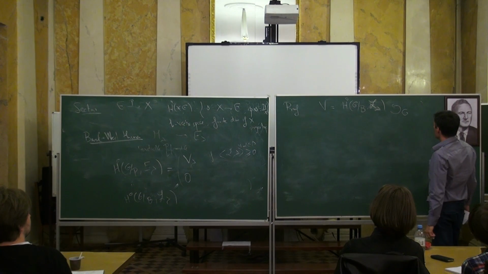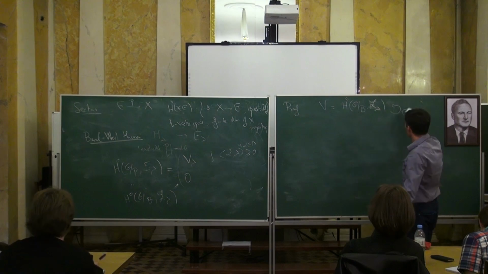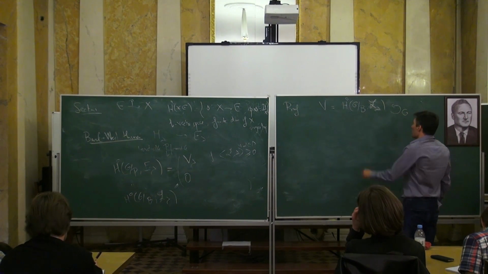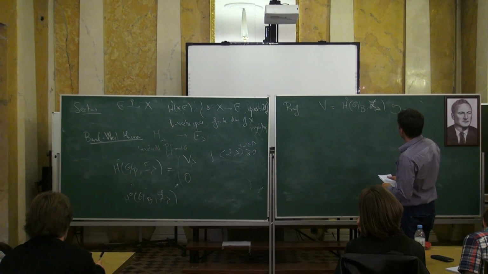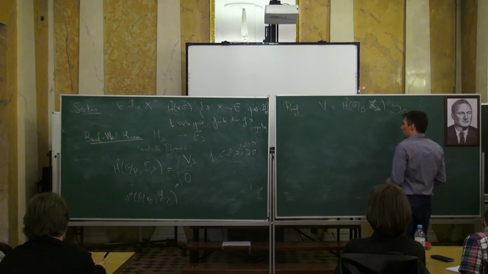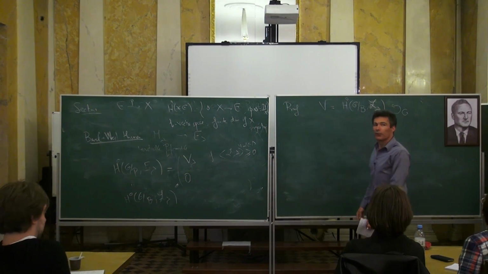And so you want to think of weight vectors. When you have representations, the first thing you try to understand are the highest weight vectors. And saying that it is irreducible means that there is a unique highest weight vector.